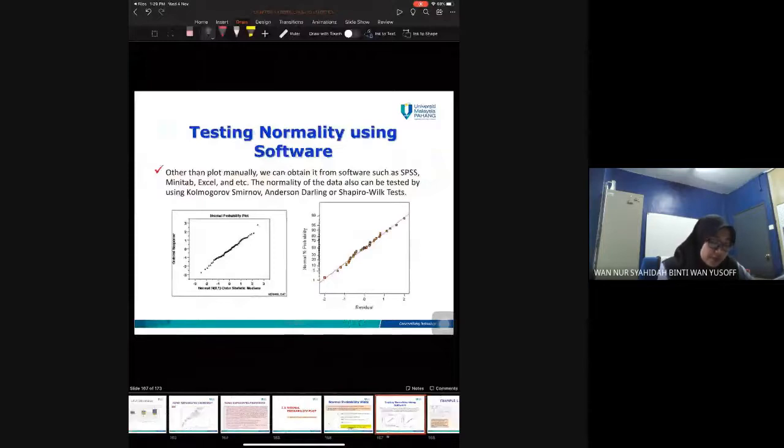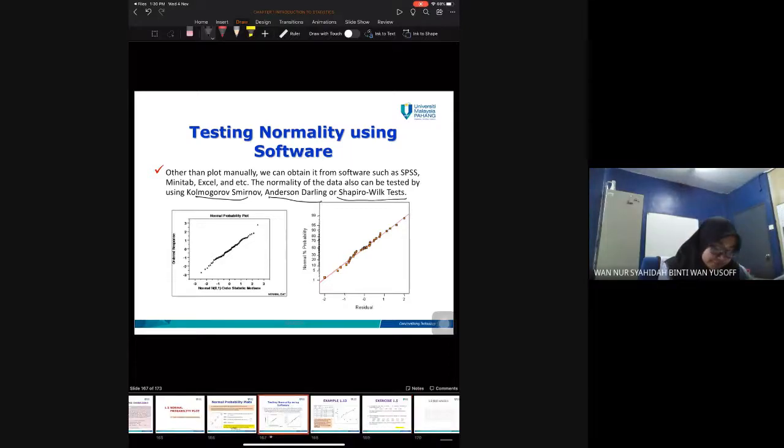Other than that, this one is just visualization. To confirm, you can use a test. We have a few here: Kolmogorov-Smirnov, Anderson-Darling, and Shapiro-Wilk tests, the commonly used ones. Based on these tests, we can confirm whether it is really normal or not.